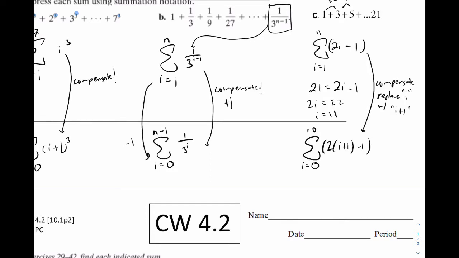And let's see if that fixes it. Because now that's going to be i equals 0 to 10. And this would be 2i plus 1. If I plug in 0, let's check. Yep, I get 1. If I plug in 1, I get 3. Okay. If I plug in 10, I get 21. So this does, in fact, work.